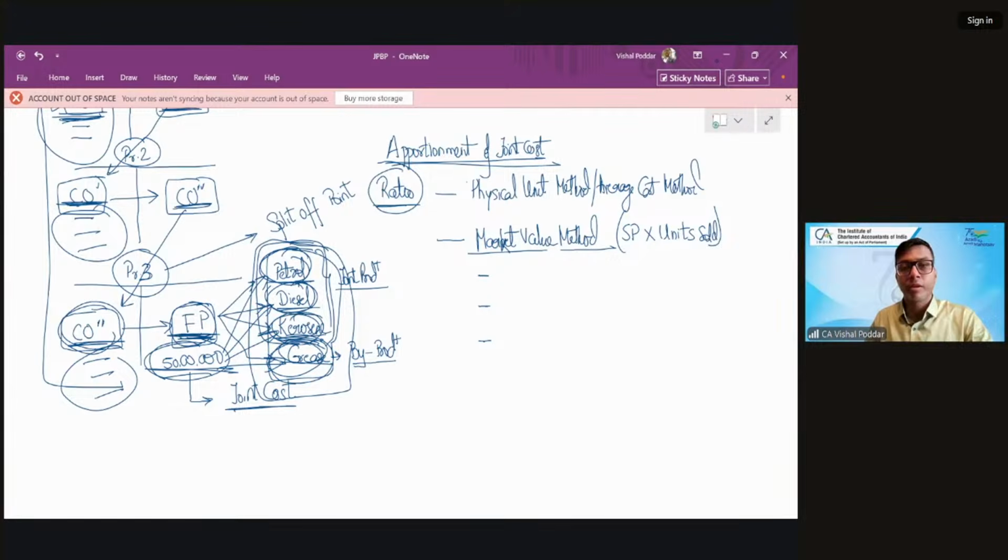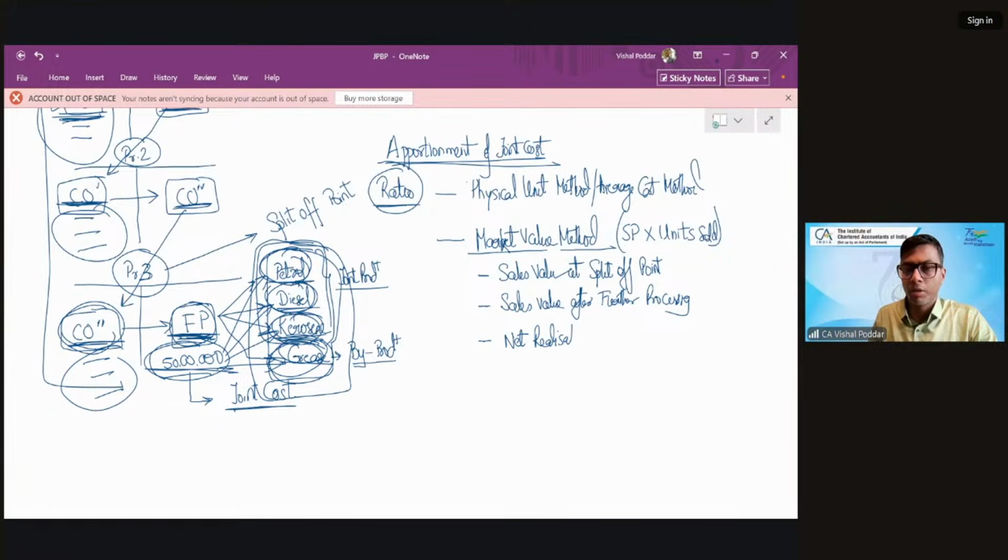Now in this, they have given different methods, all under the same category. First is sales value at split off point. Second is sales value after further processing. And the third is net realizable value, NRV.